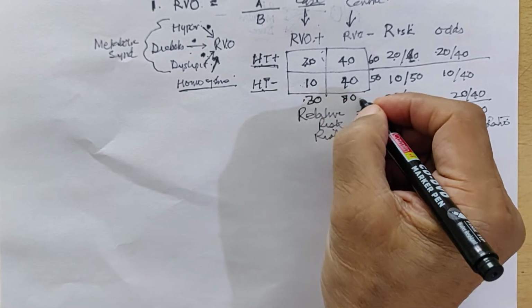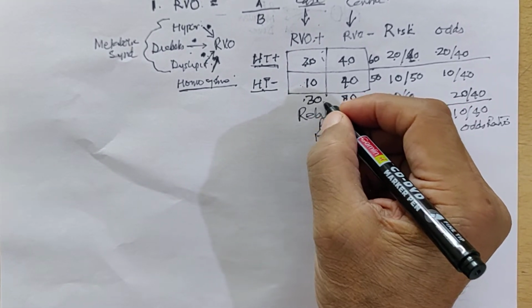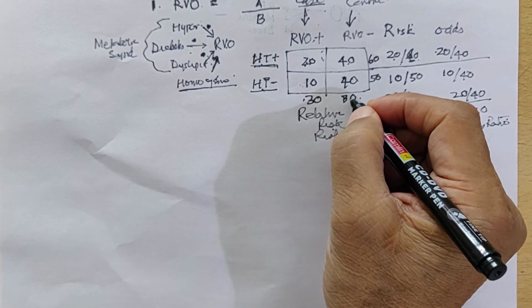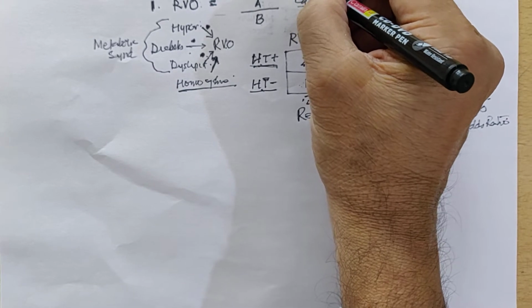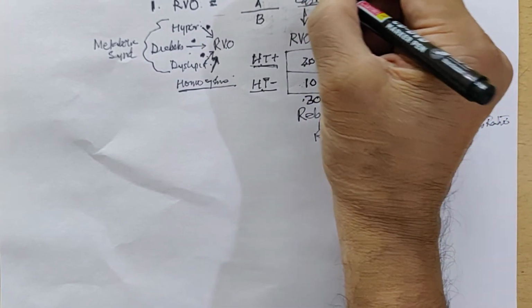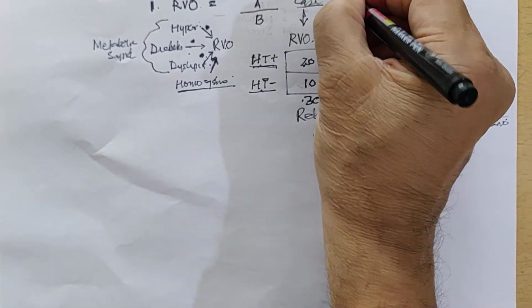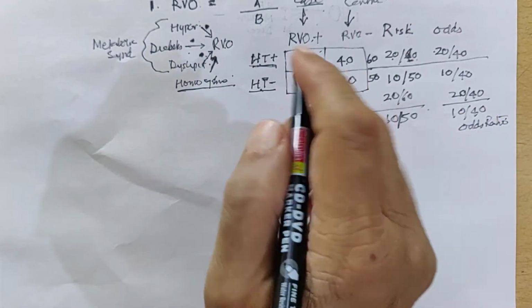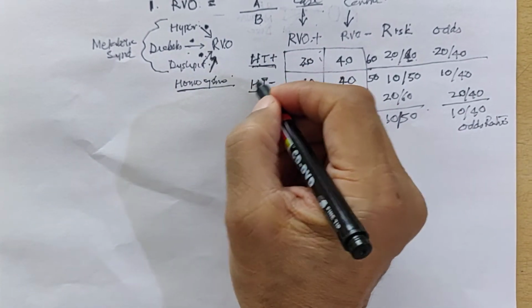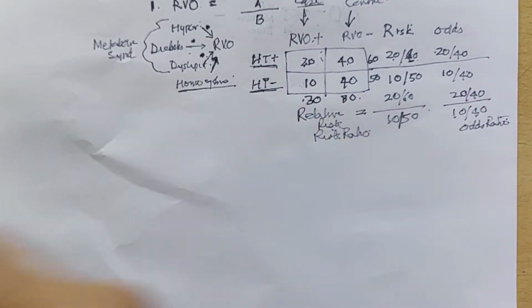So the case control ratio here is between 2 and 3. So for every case, you have taken about 2 controls. This is the way you will determine the relationship between hypertension positive and negative. All right.